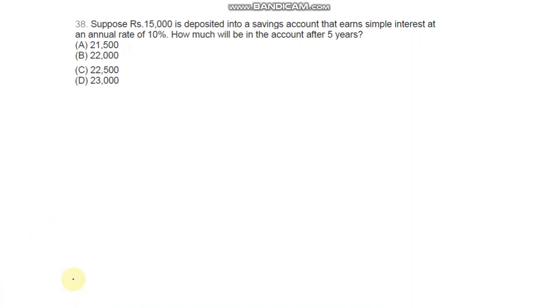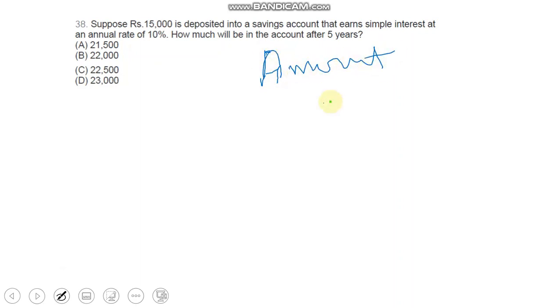We have amount is equal to principal amount into 1 plus RT. Now this R is the interest rate, which is 10%, and this T is time, which is 5 years.